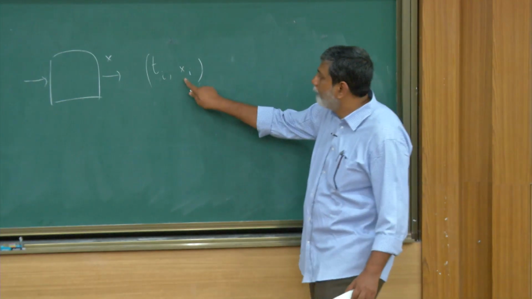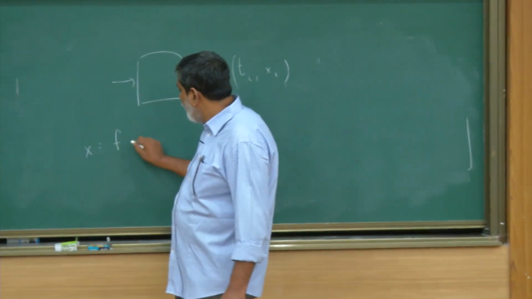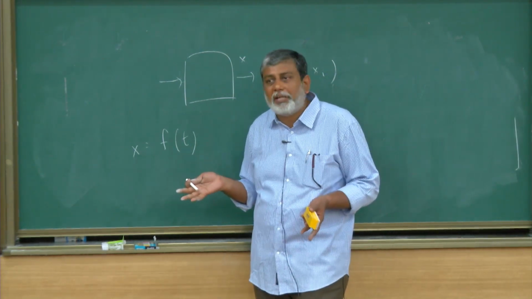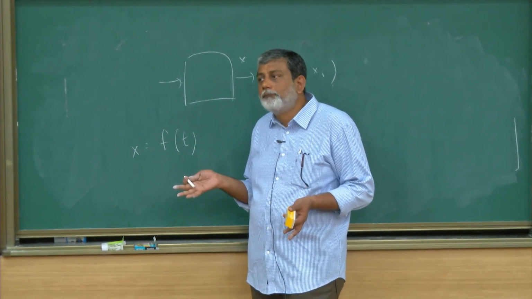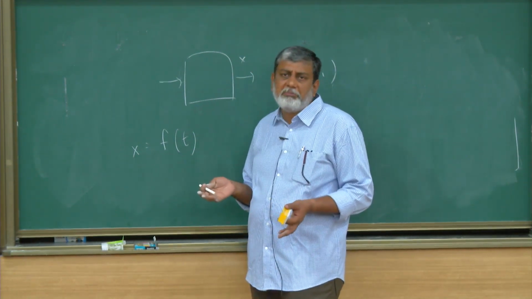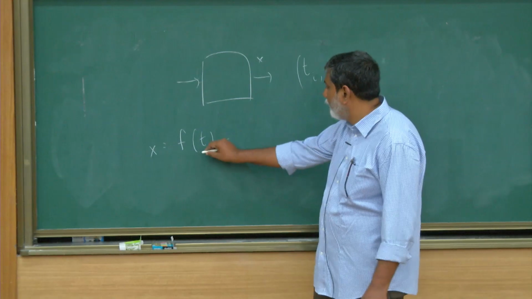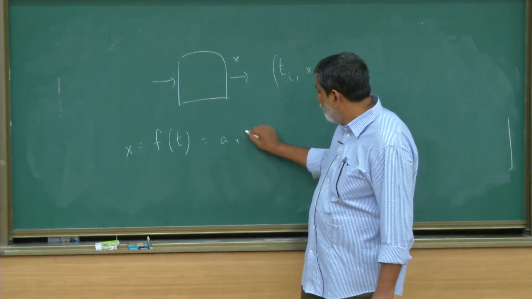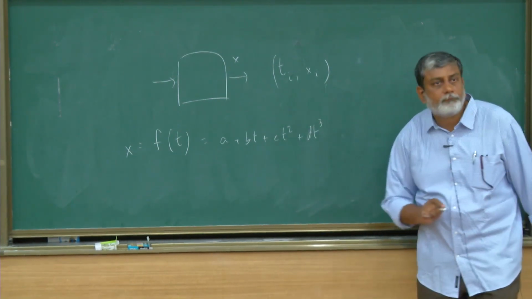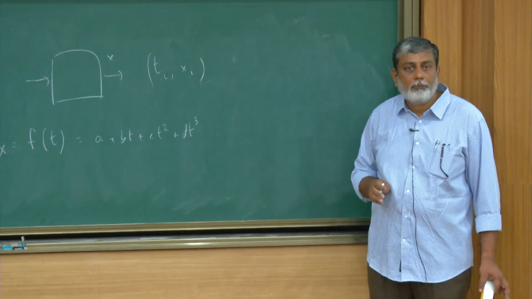Now it's your belief that this x can be written as a function of time, not just a function of time, in fact as a polynomial in time, let's say degree 3. So what does that mean? It is some a plus bt plus ct squared plus dt cubed.